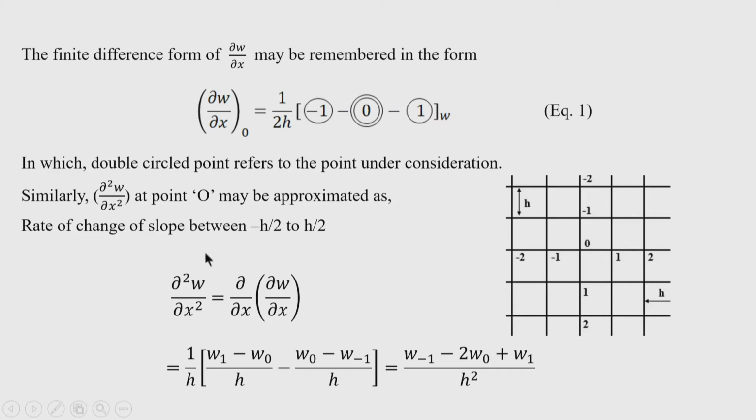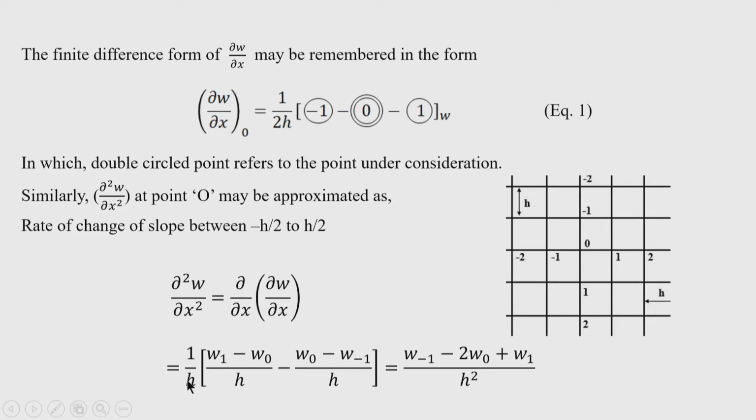Okay. So, curvature is calculated, say del square W by del x square, is nothing but the rate of change of slope. Okay. So, slope is this and the rate of change, that is del by del x into del W by del x. Okay. Now, here we know that dx is 1 by h.